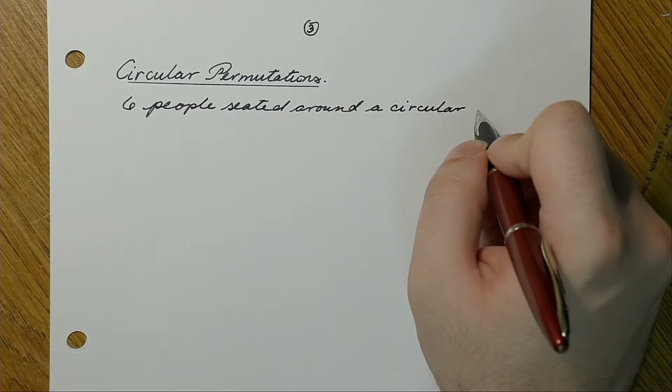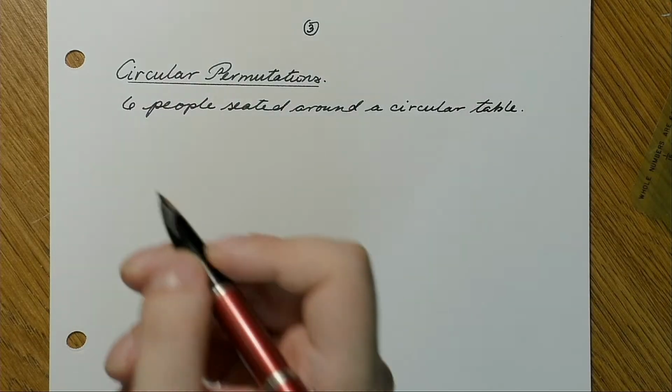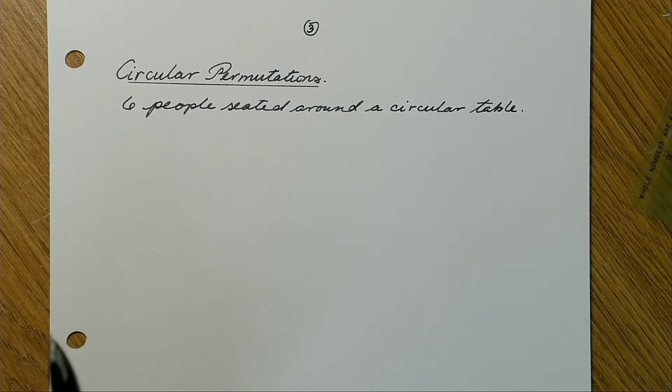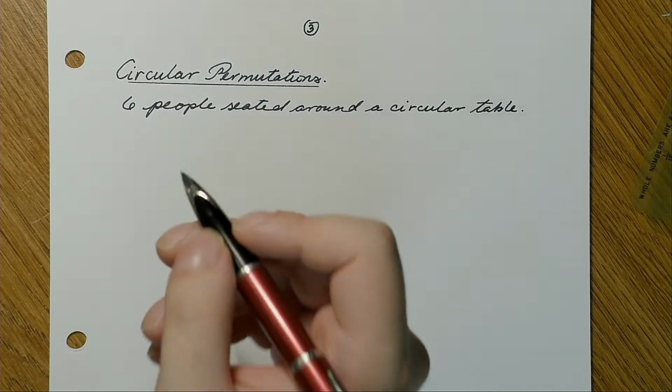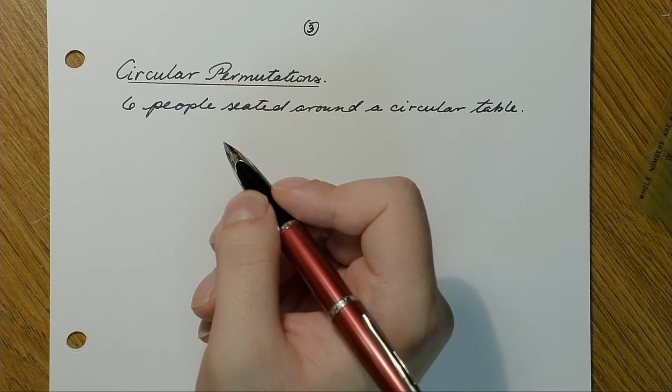How many permutations are there? Okay, so we wish to count the number of circular permutations, or the number of ways to seat these 6 guests around a table. And since the dinner guests are seated in a circle, there will be some duplication.